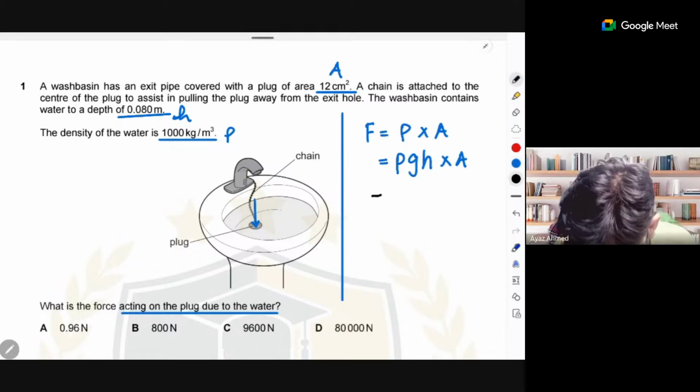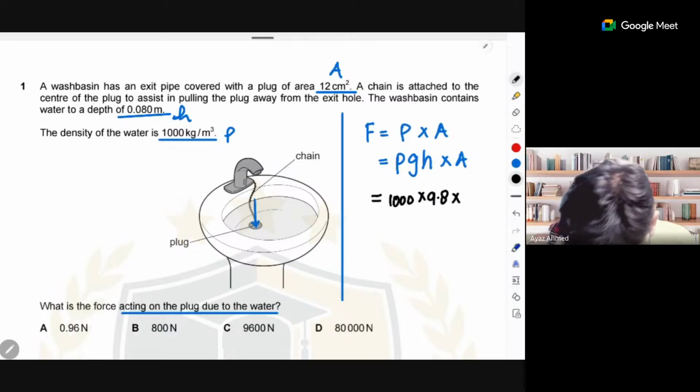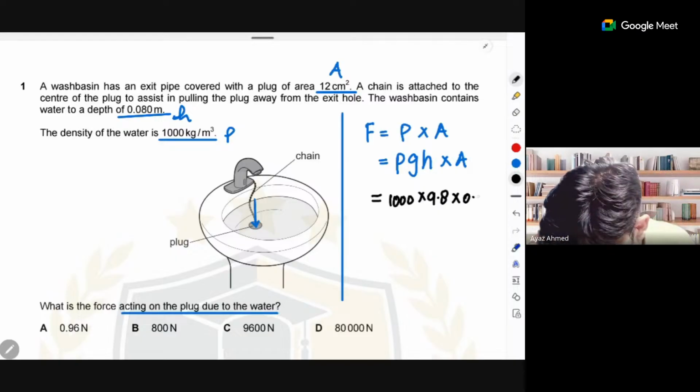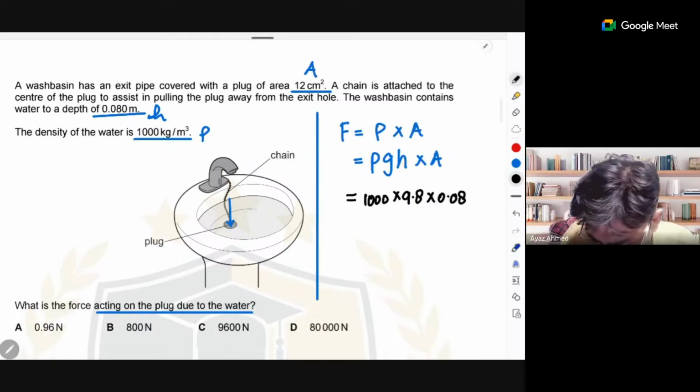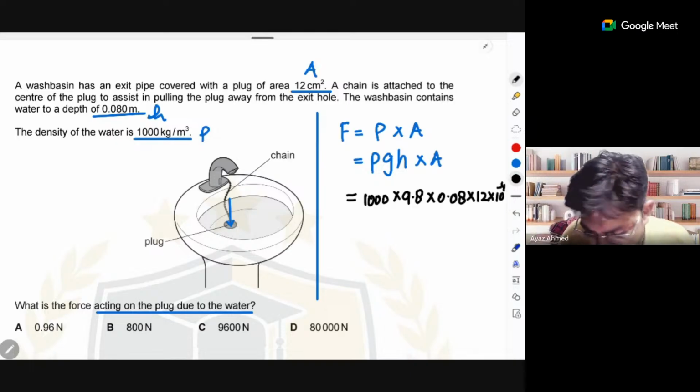Density is 1000, g is 9.8, and height is 0.08. I need calculator support. And area is 12 square centimeter, so 12 into 10 raised to the power minus 4. This is basically the conversion of area.